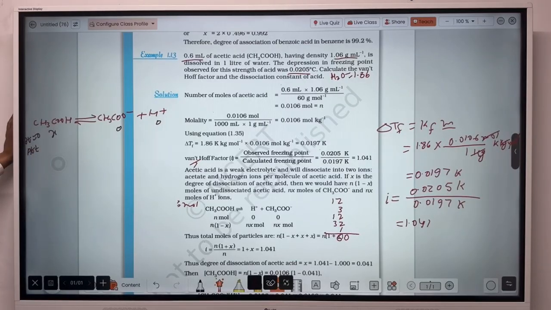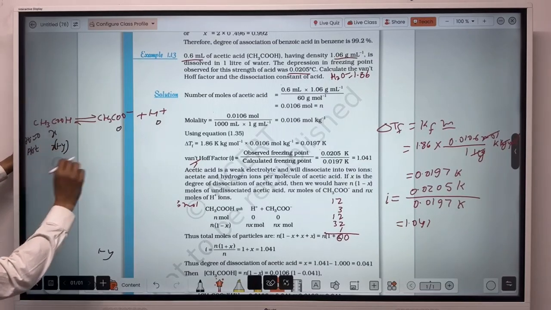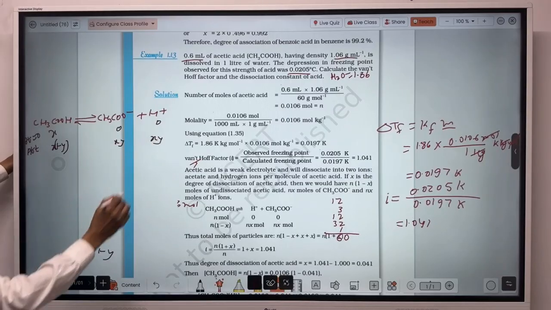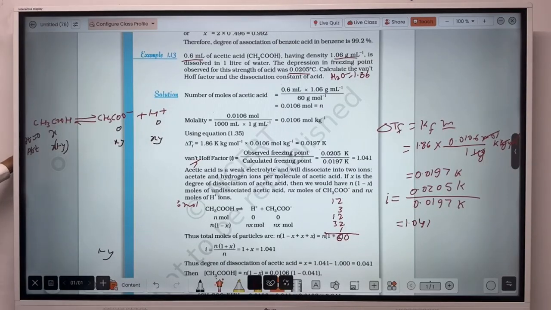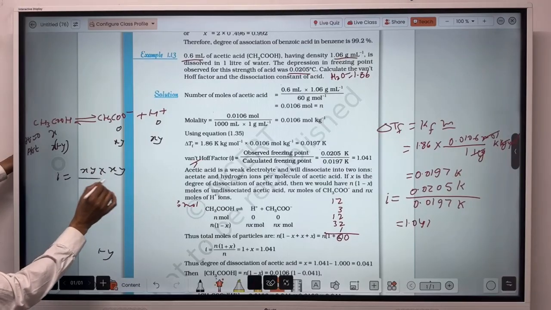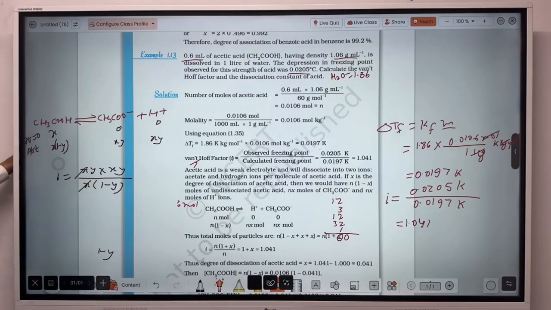Suppose y mole has been subtracted, or take the degree of dissociation, 1 minus y. So x into 1 minus y you can consider, and the products will be xy and xy. So the constant will be xy into xy upon x into 1 minus y. X cancels out.